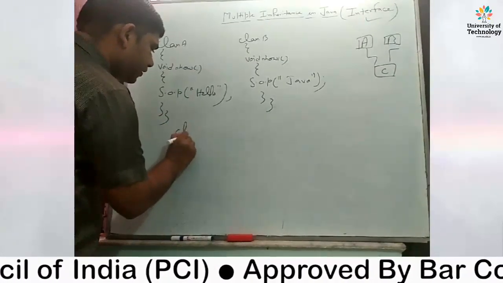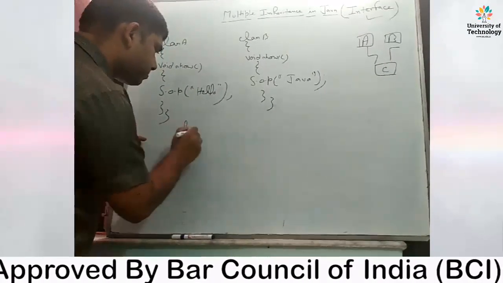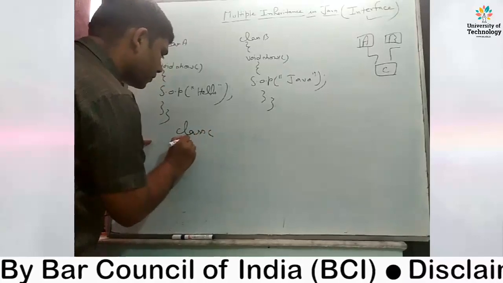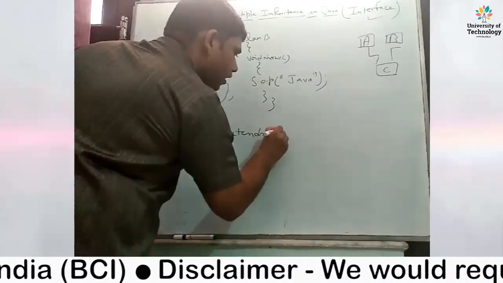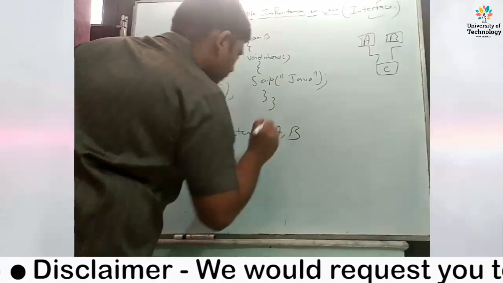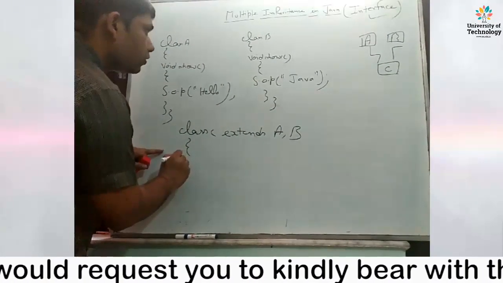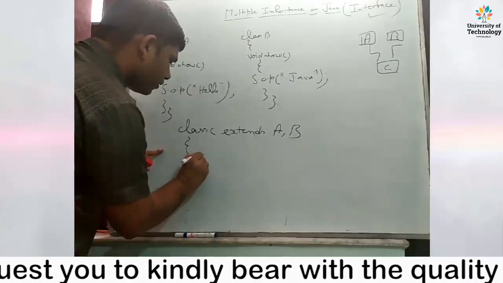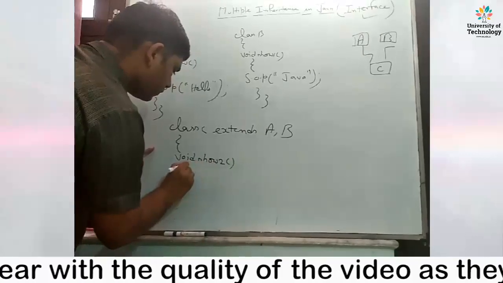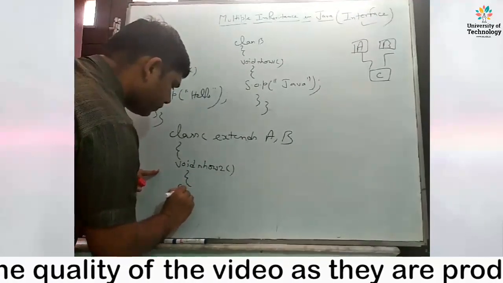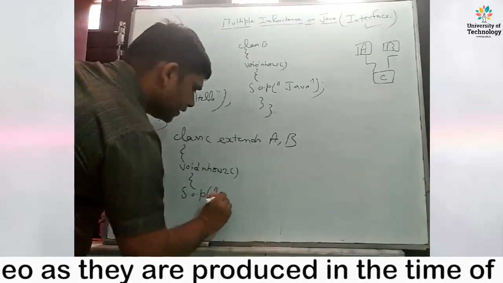Next, class C extends A and B, void show2, System.out.print C++.